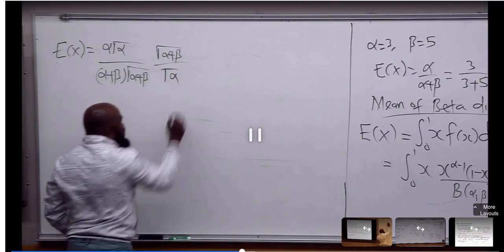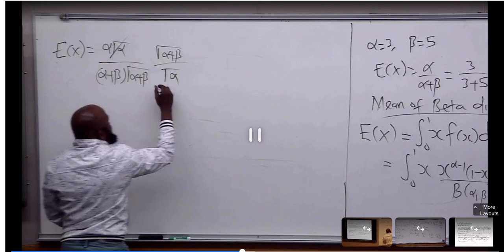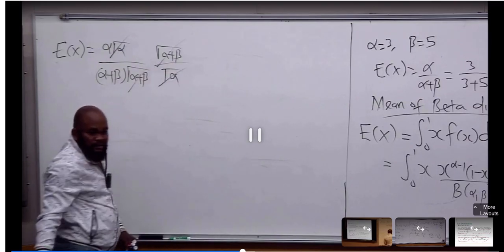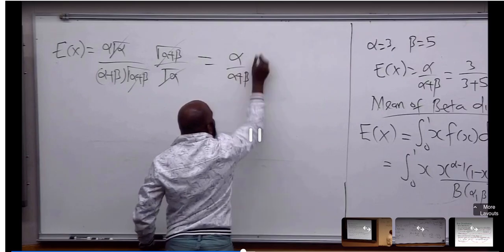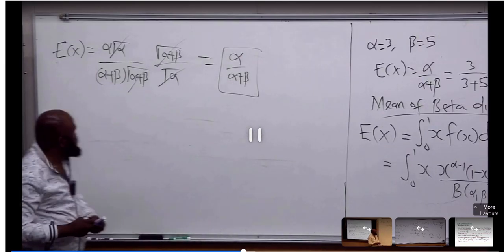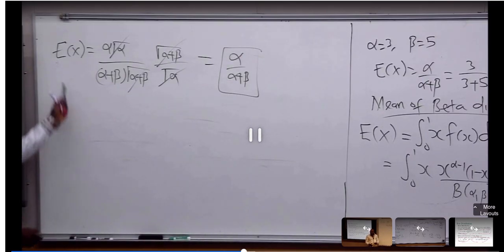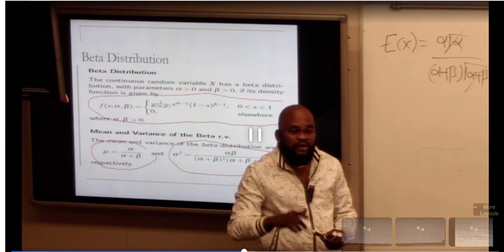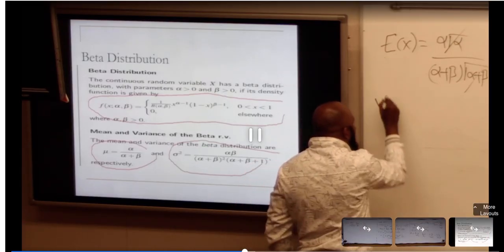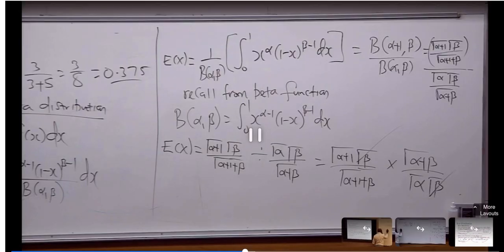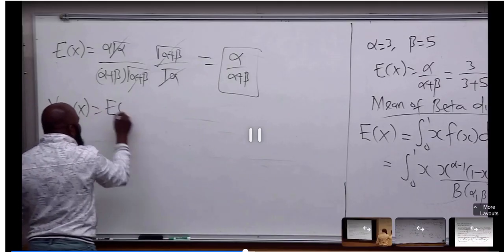Let's see. What do we have? That is that. That's how to prove that the expected value of X equal to that. Now, if you want to, I'm going to quickly give you the clue for the variance. If you want to prove the variance, you can also make use of this.